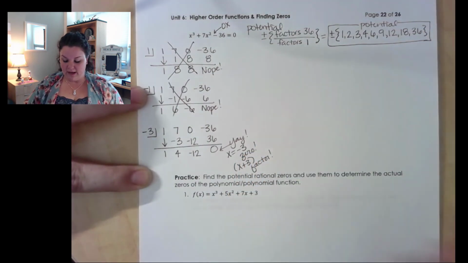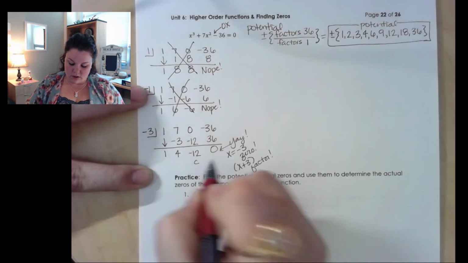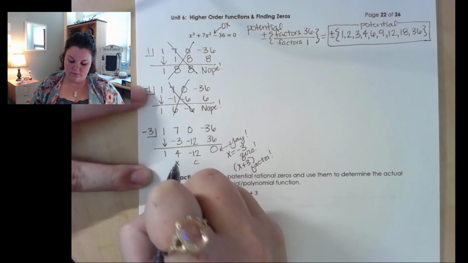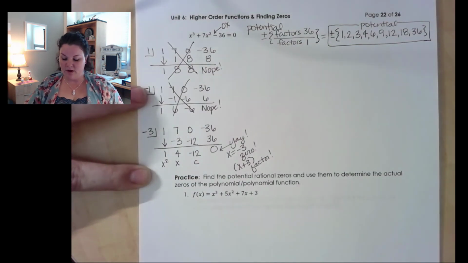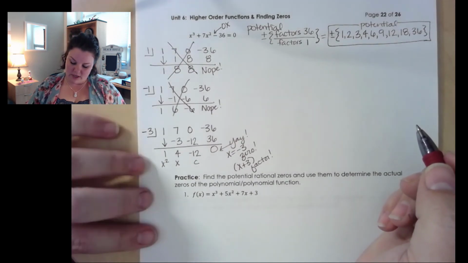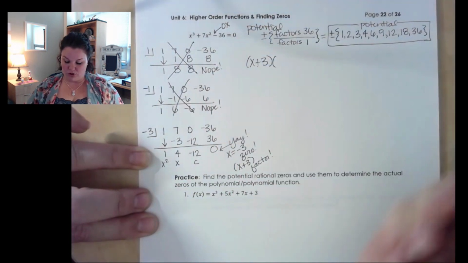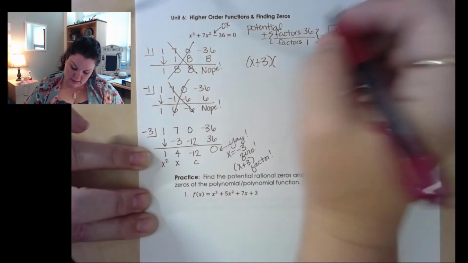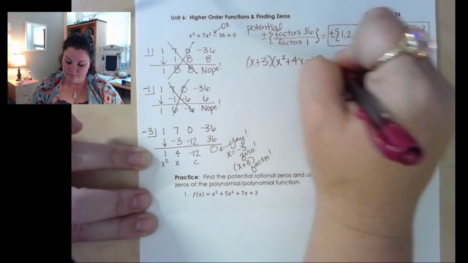And what we're left with on our quotient, with 0 as our remainder, means -12 is our constant, 4 is my x term, and 1 is my x squared. So I'm going to rewrite this equation in its factored form now. The first factor we got is x plus 3, and the quotient is x squared plus 4x minus 12.